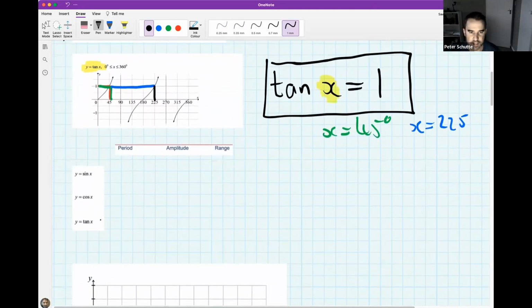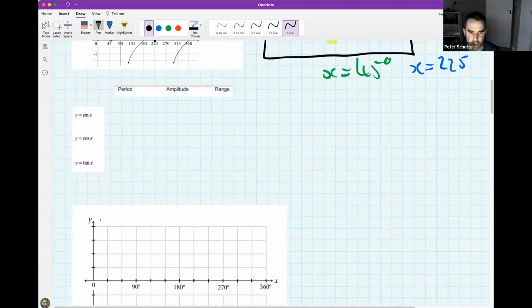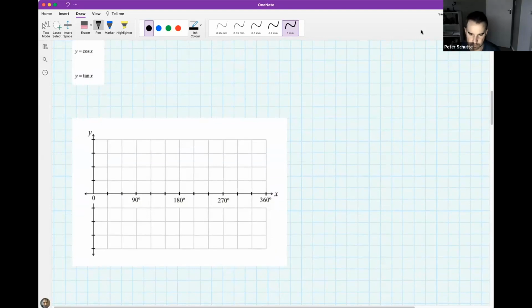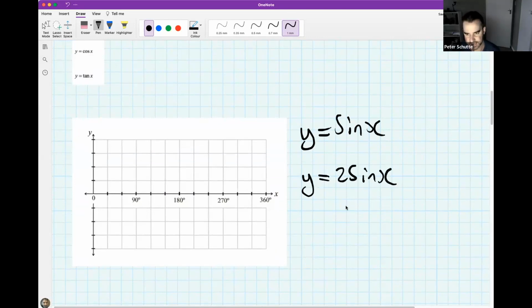And then what we're going to do now is learn how to draw graphs effectively, but with some changes. So say, for example, I don't want to draw y equals sine x anymore. I want to start drawing something a little bit more exciting. So what I'm going to try and draw here is y equals 2 sine x.